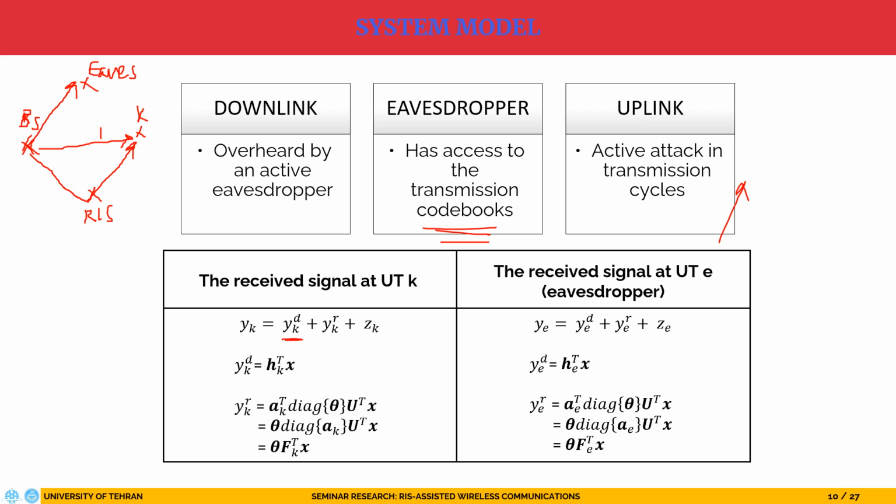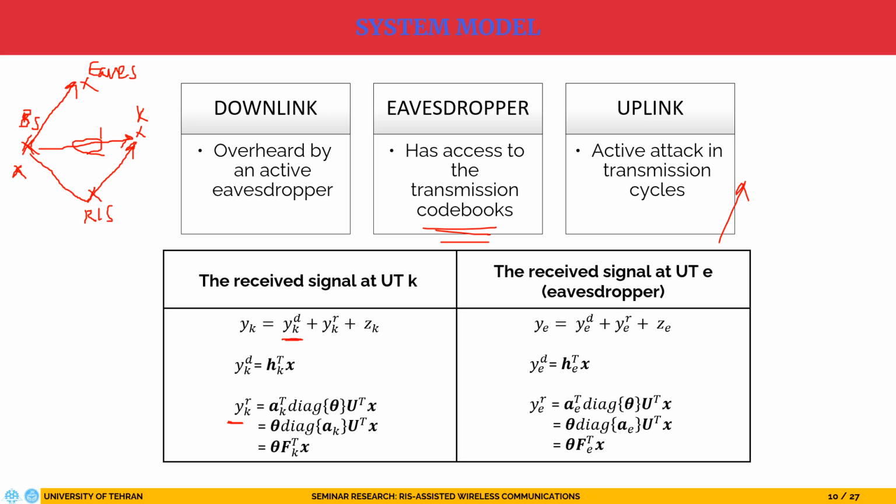has a direct channel, h_K transpose, which is this channel, and x is the transmitted signal from the base station. y_K^R is the signal which is received through these channels.